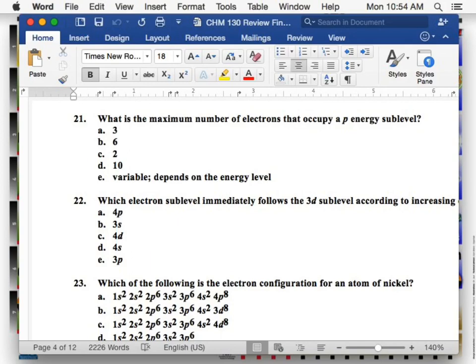Change the question. Occupy the D. Okay. So one option is instead of it being P, we make it the D energy sublevel, in which case it becomes 10, or our answer becomes D. For those of you saying, really, do I have to change each question?